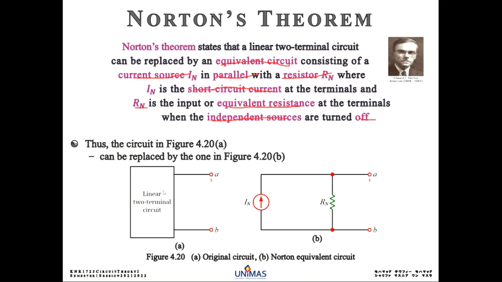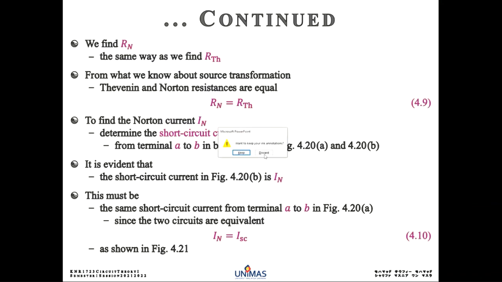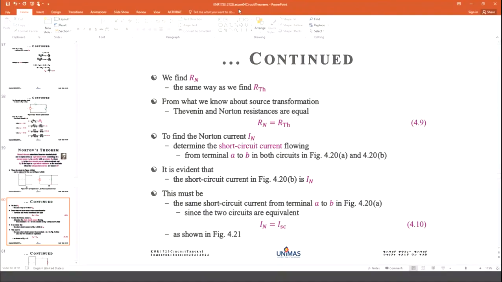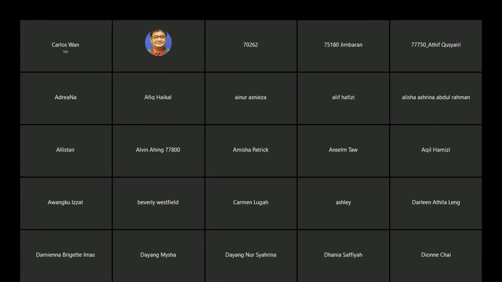Make sure you do all the tutorials, and then you try to do all the example questions, so that you really understand it, because you need to use that when we do Thevenin and Norton tomorrow. Okay? Any questions?